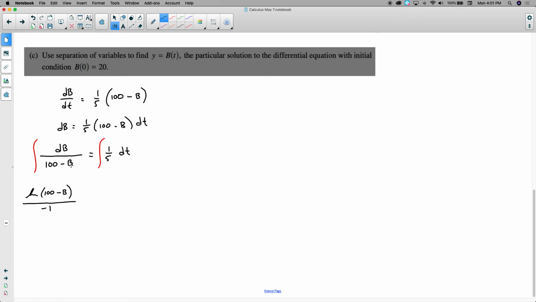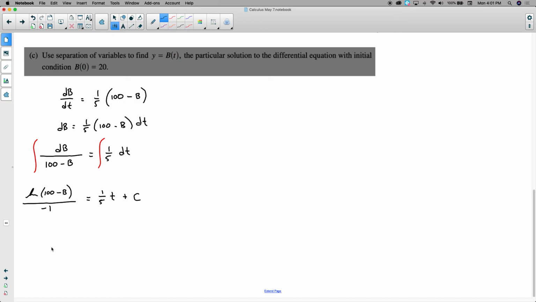Now don't be thinking you have to treat this as a function of t, because after all, we are going with respect to b now, so you don't have to worry about that. And then over here, we get 1/5 t. Now, it's true, plus c, but you have to just write plus c somewhere. All right, that's a good reminder.